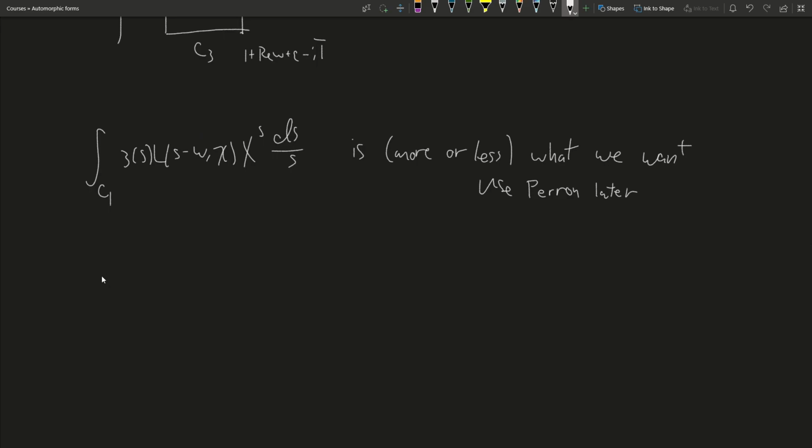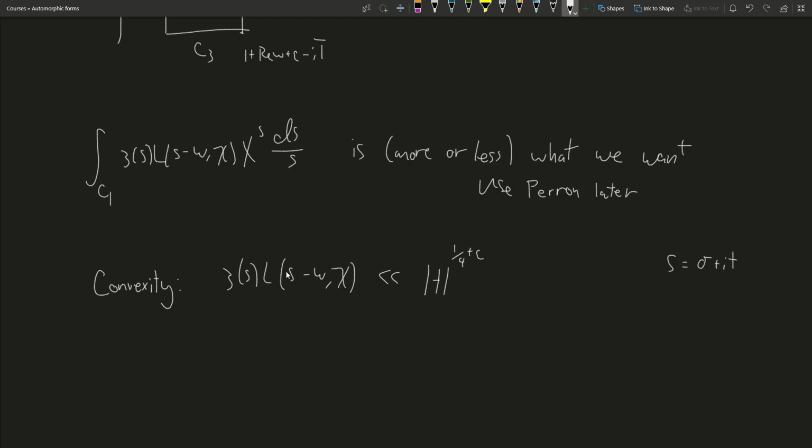If you use the convexity bound, then what you find is that zeta of s L of s minus w chi, when the real part of s is strictly positive, is going to be less than the absolute value of t to the 1/4 plus epsilon, where here I'm writing s as sigma plus it.